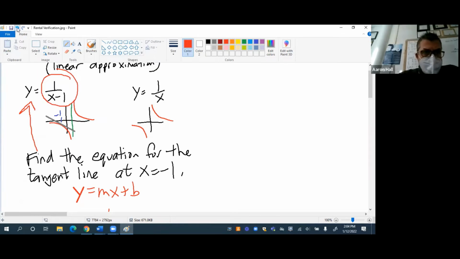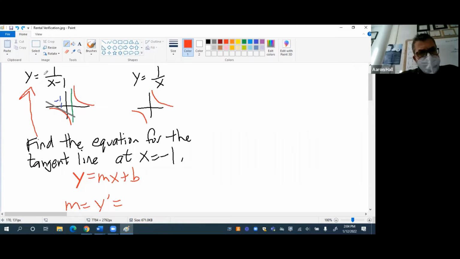How do I calculate the derivative of that? I think the quotient rule would be completely fine. So what is the quotient rule? Yeah, low d high. What's the derivative of 1? 0. So low d high minus high d low.